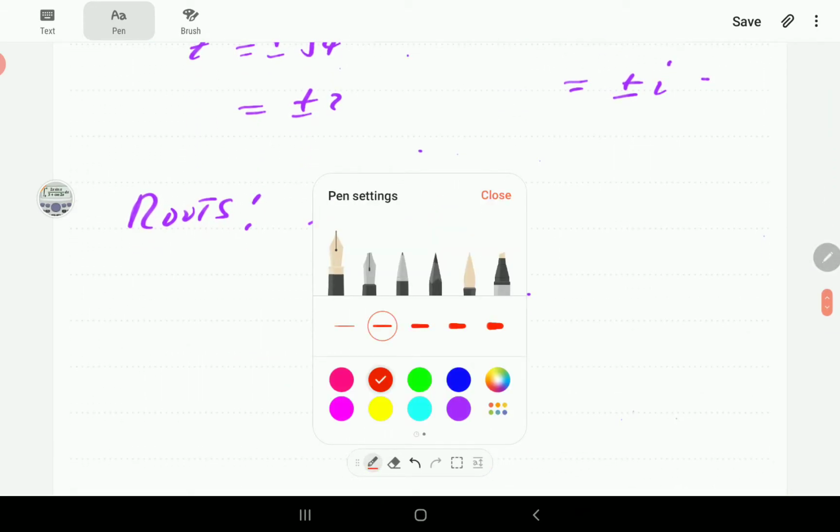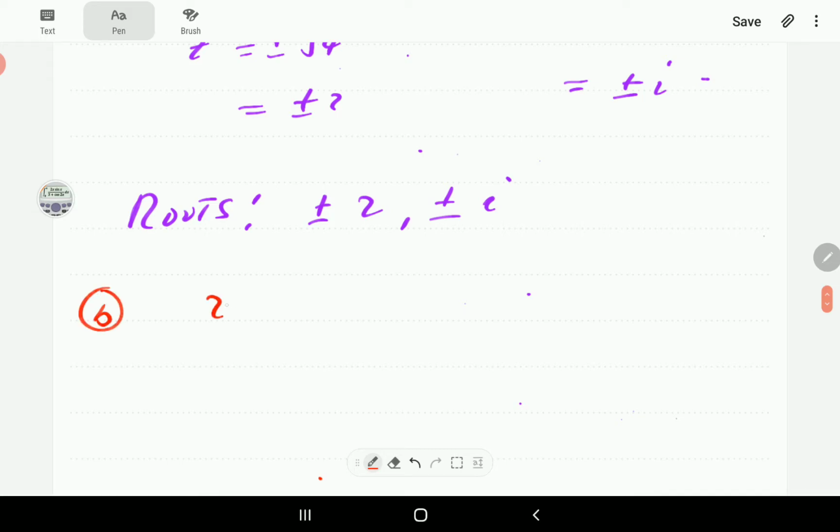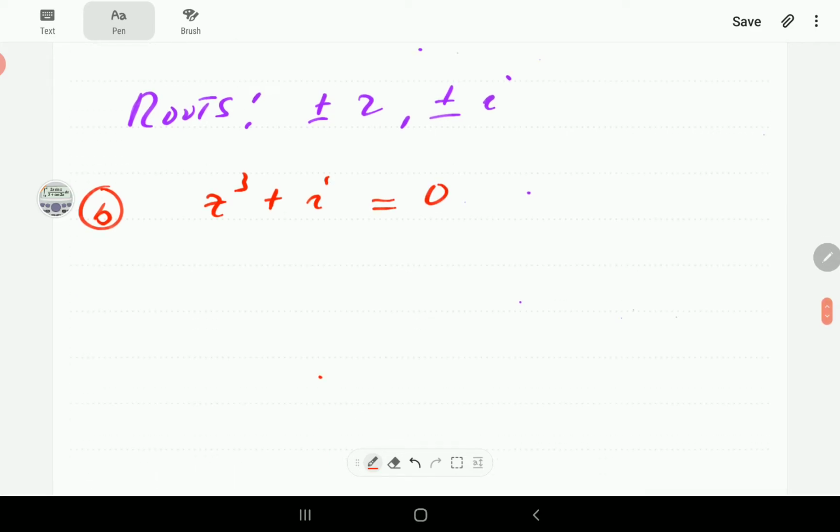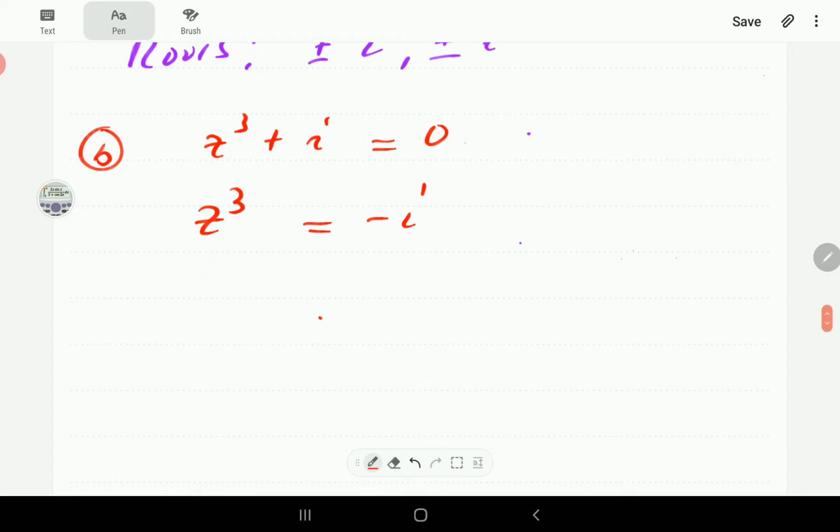In the second example, in part B, we have z cubed plus i is equal to 0. This is a cubic, but the unknown appears only once. So we're going to seek to make z the subject of the formula.